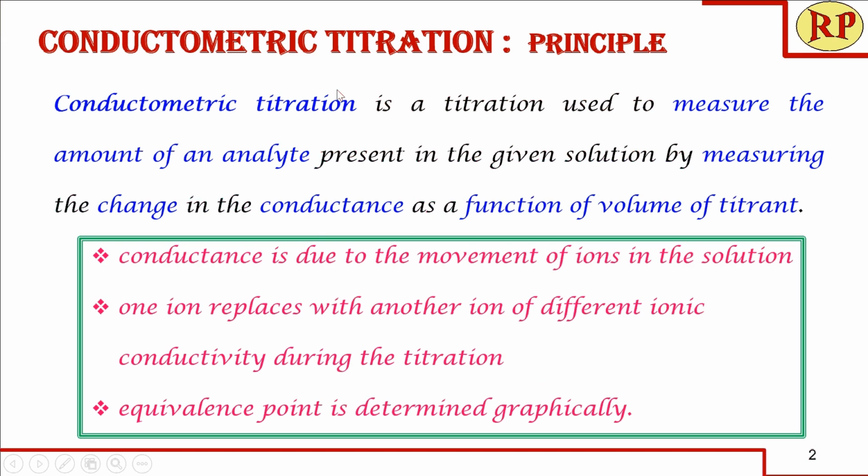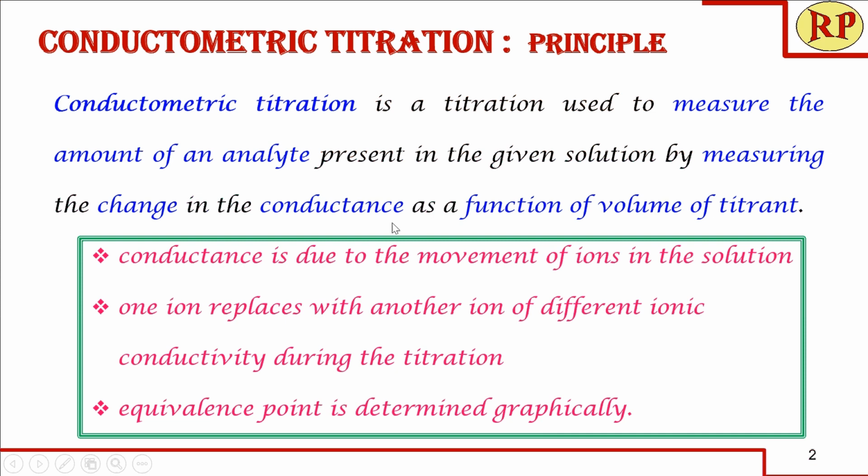We'll see what is conductometric titration. Conductometric titration is a titration used to measure the amount of an analyte present in the given solution by measuring the change in the conductance as a function of volume of titrant. That is, as we add the titrant, what happens to the conductance value in the given solution. We are going to measure conductance here.